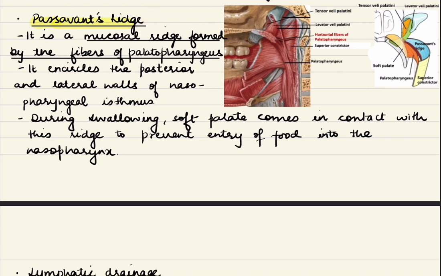Now, why is this ridge important? Because when we swallow, the soft palate contracts and comes in contact with Passavant's ridge, thus closing off the nasopharyngeal isthmus and preventing food from entering the nasopharynx.